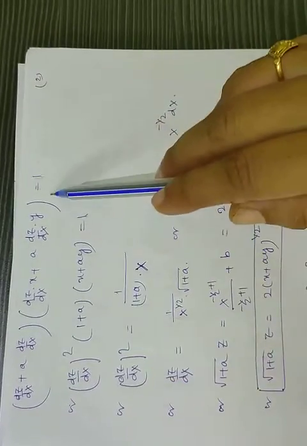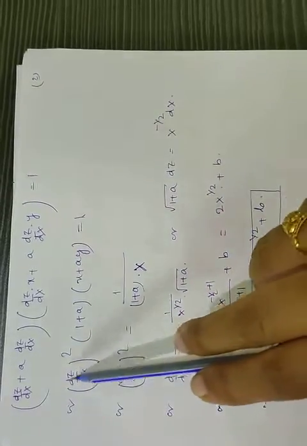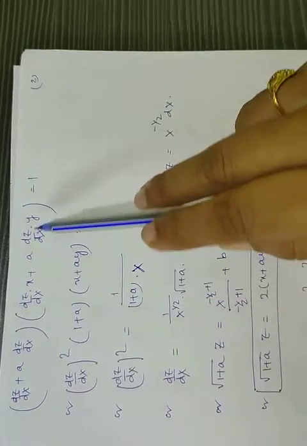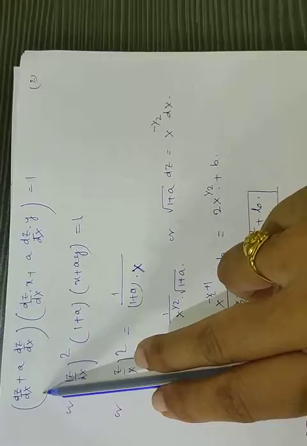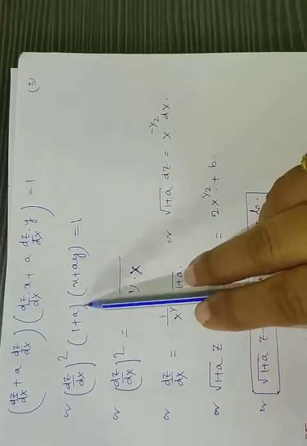This is the given equation in terms of the new variable X. Now we can take dz by dX common from the first factor and from the second factor. So it is (dz by dX)² (1 + a)(x + ay).